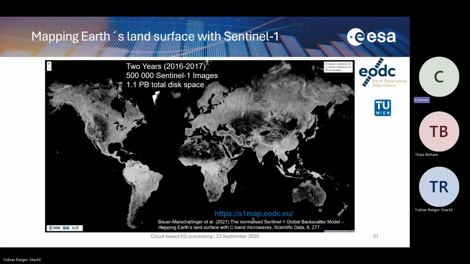We use this word to indicate the signal that is bounced back to a SAR system and that we record. In this case, we use sigma naught backscatter. Next, please.